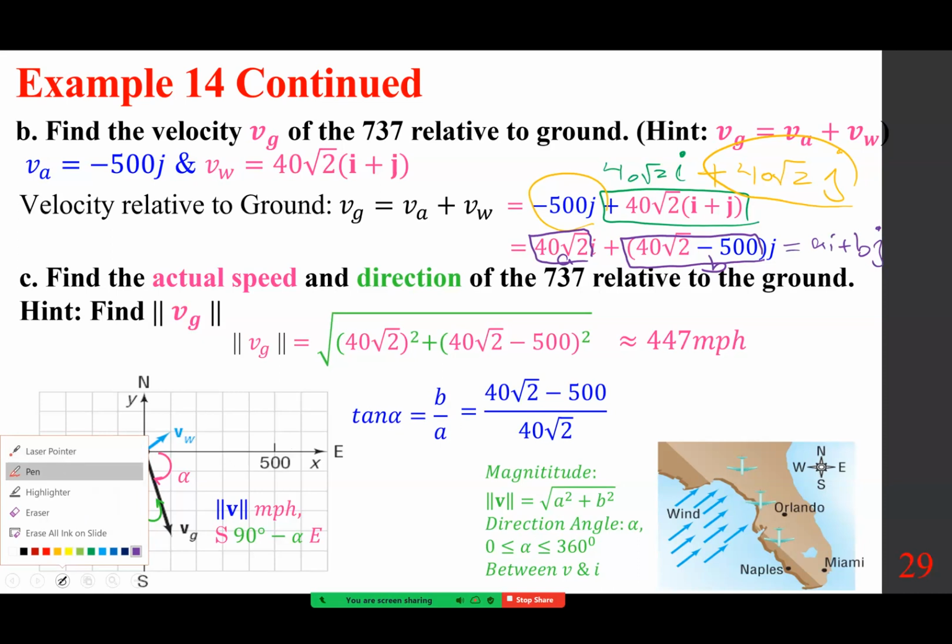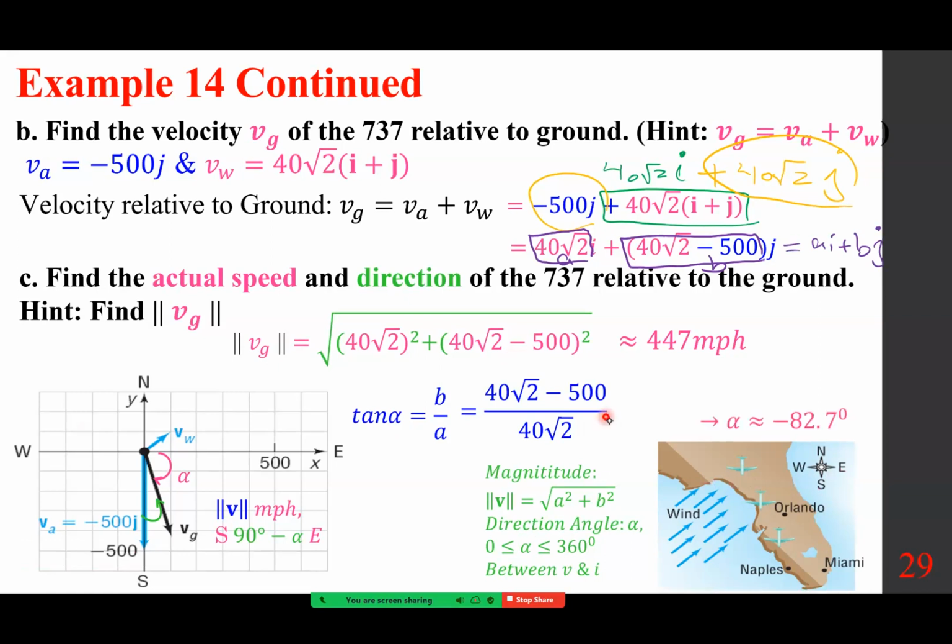Putting tan of alpha into a calculator, alpha is the tan inverse of this number, which gives us negative 82.7 degrees. And 90 minus that is 7.3 degrees.